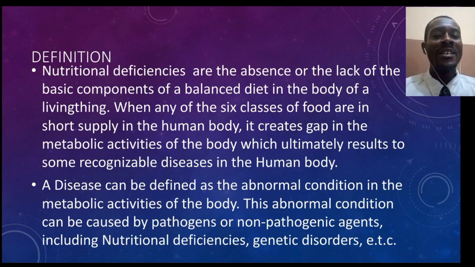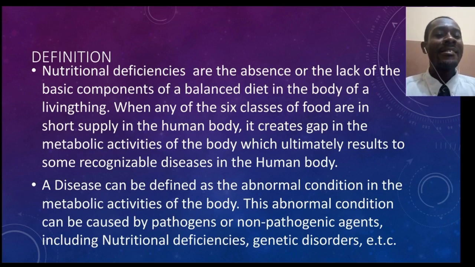Now, this abnormal condition can be caused by pathogens, I've mentioned the examples, and non-pathogenic agents. Yes, it's not only living things that are parasitic in nature that can cause diseases. There are other non-living things that can also cause some diseases. These include nutritional deficiencies.